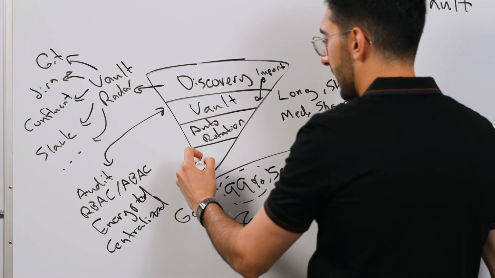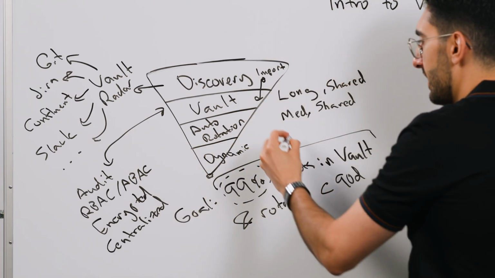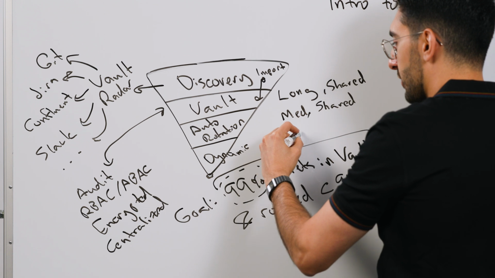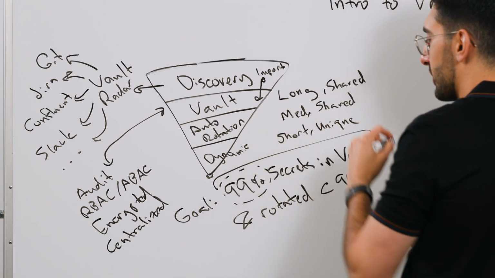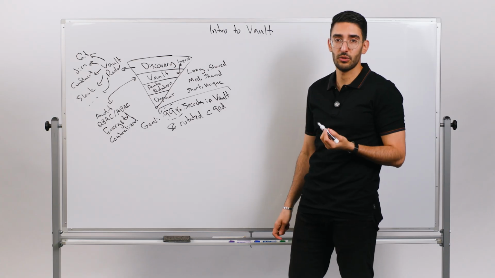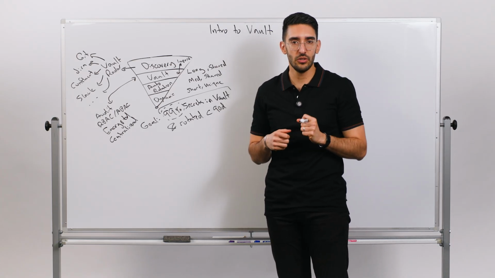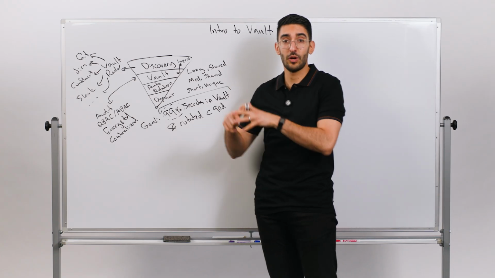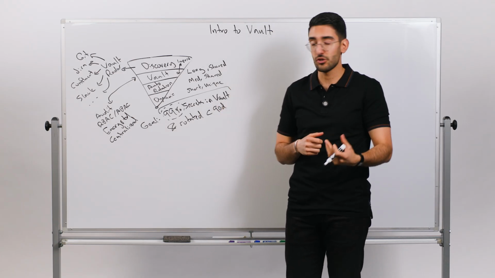But ultimately where we want to get to is what we refer to as a dynamic secret. These are really short-lived secrets that are created just in time so that they're unique to the client, meaning the credential doesn't exist until it's requested. The moment the user requests from Vault, I want this database credential, then Vault talks to the database, creates a new on-demand username and password, and hands that back to the user or the application.